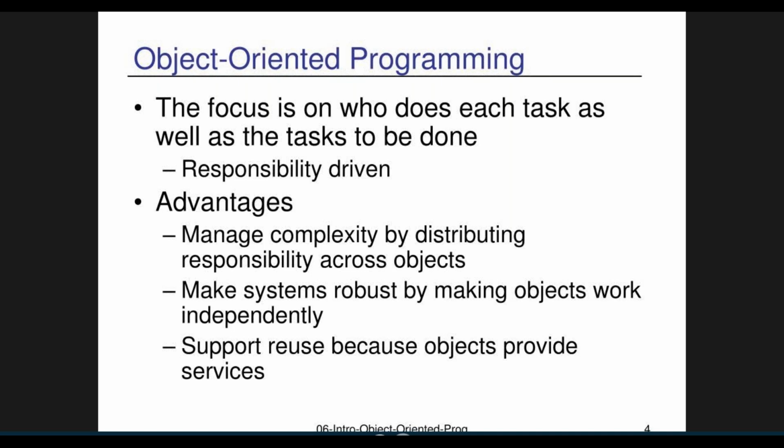This is called distribution. Once you use distribution, the simplification will come and your complex problem will simplify. So that is manage complexity by distributing responsibility across the objects. I told you about the object. What is the object, what is class, etc. Again, we will discuss.